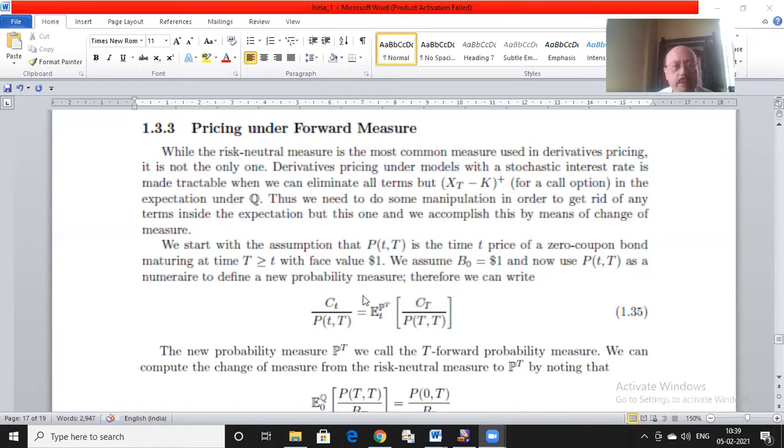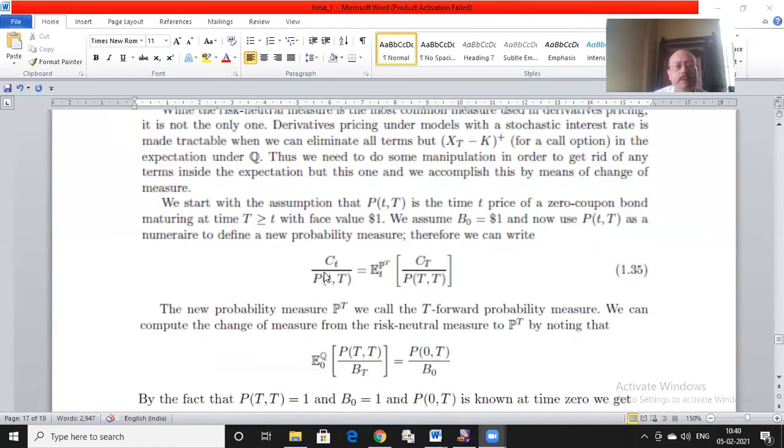So we define a new probability measure using this numerator. What do we do? We say that C(t)/P(t,T) is the expectation of the terminal ratio, the same ratio at the terminal time, C(T)/P(T,T), but the expectation is taken under a new measure, P^T. So P^T is my new measure, which we will shortly define, and it is very simple.